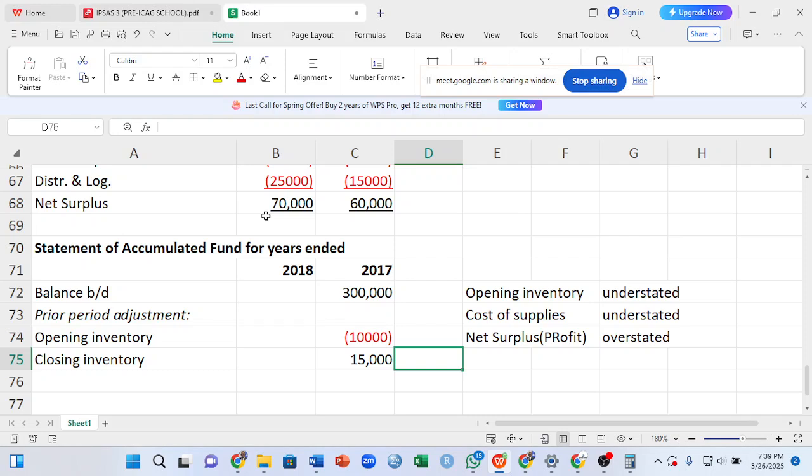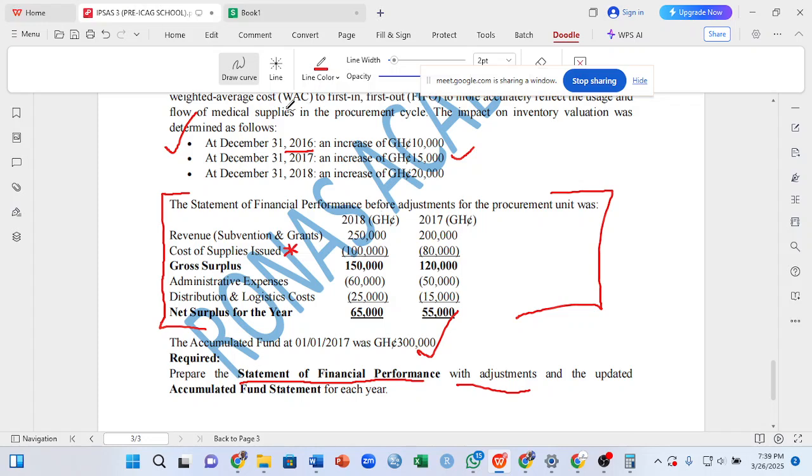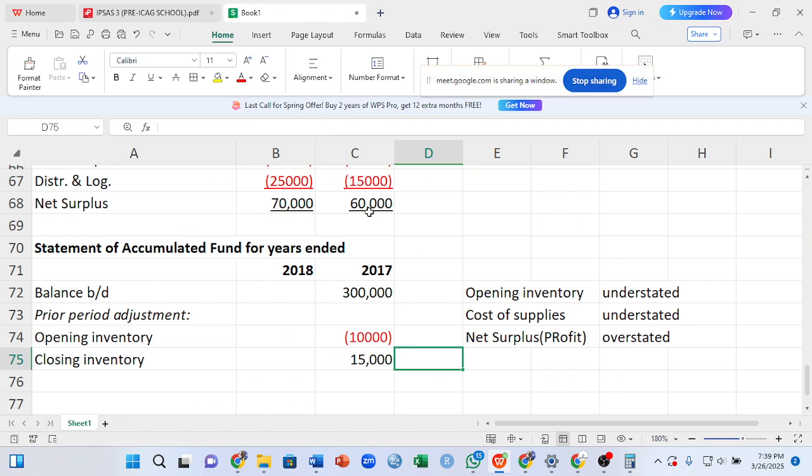So we have to go and add it back to less it. We need to reduce it from the 15,000 to zero just to cancel. Do you agree?